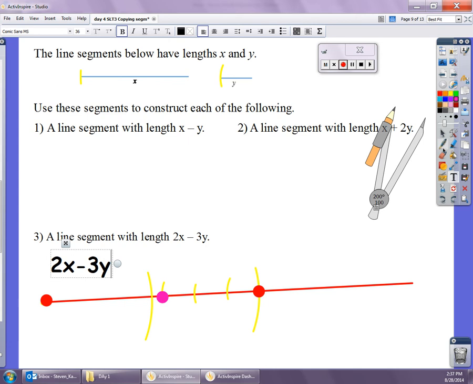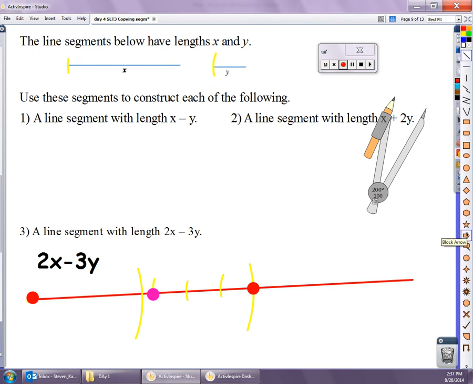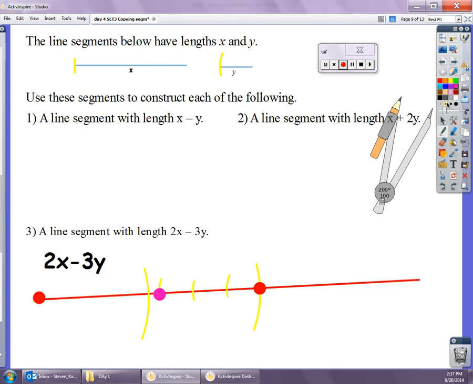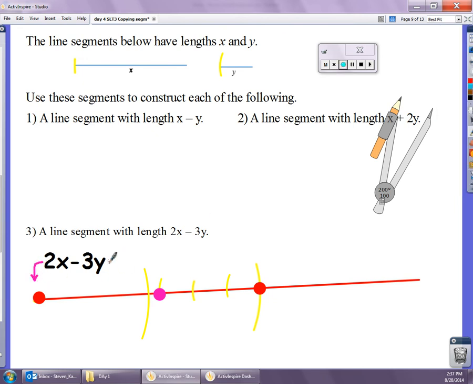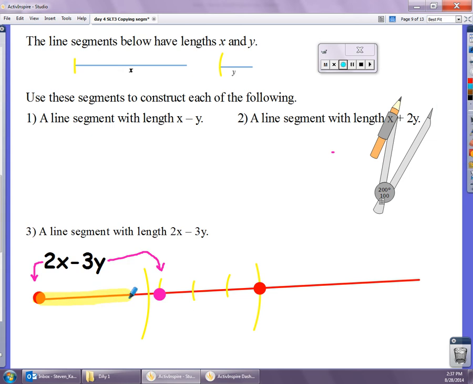I'm going to put little arrows so that you can see what my final answer is. So from there to there, and from there to there, this length right here is the 2x minus 3y. You could have also, if you had a highlighter, highlighted your answer as long as you had a key and said that your highlighted answer is your final answer. But that right there would be the length that we were looking for.